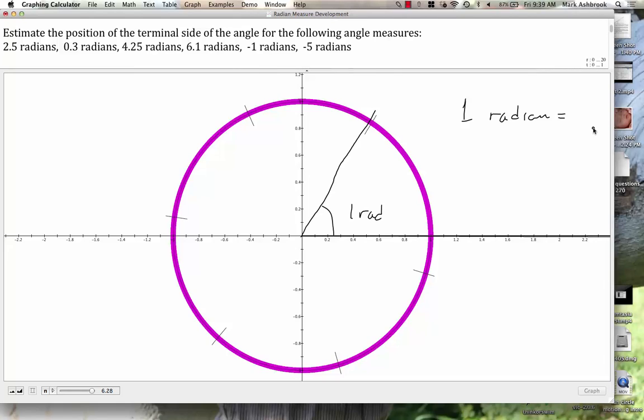How would you do it? Eric? I did 1 divided by pi, and then got 0.318, and I divided that by 2, got 0.159. So 1 radian is 0.159 of 1.